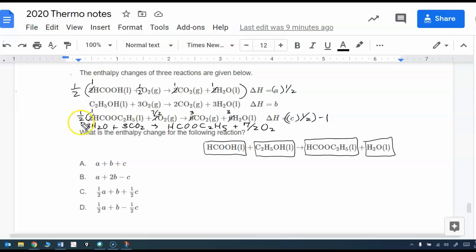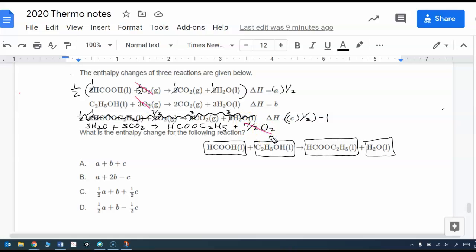Okay, so that means that this whole equation is gone now that I have rewritten it, and now all I have to do is start canceling things out so I can see that I have actually gotten to the correct overall reaction. So the first thing I'm going to do is see if my oxygens will cancel out, and we said that 7/2 is the same as 3.5, and so those do cancel out. So yay, the oxygen's gone.